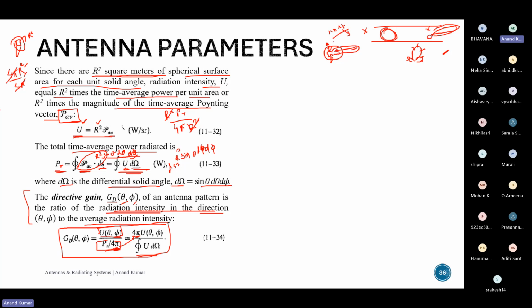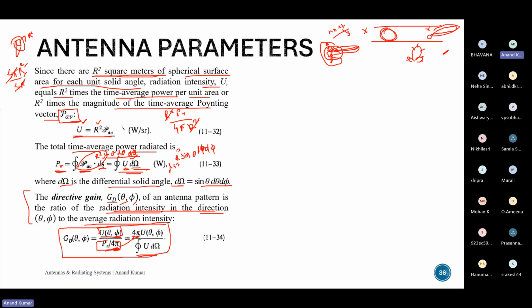When we say directivity, we ignore these areas and focus only on the main beam. If you are reducing power in the other directions, you are focusing it in one direction. Hence, a more directive antenna will be less isotropic, which means it will have a narrower beam width.